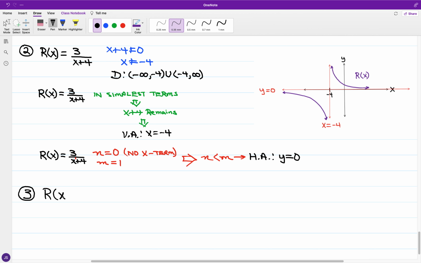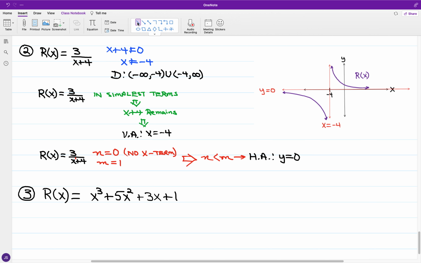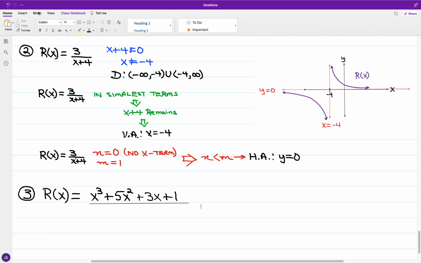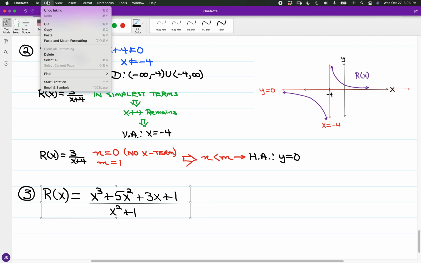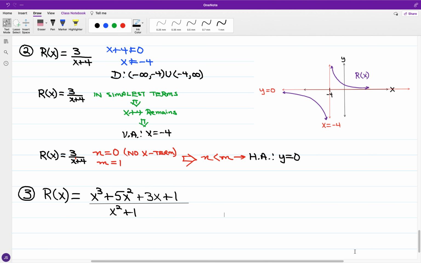For the rational function we have here, r of x is equal to x cubed plus 5x squared plus 3x plus 1, all over x squared plus 1. And this is going to be a special case here.